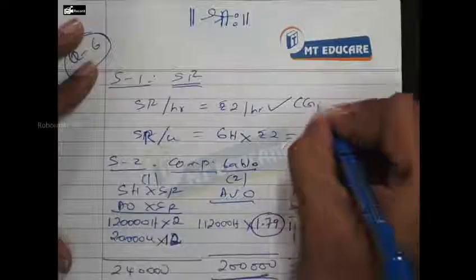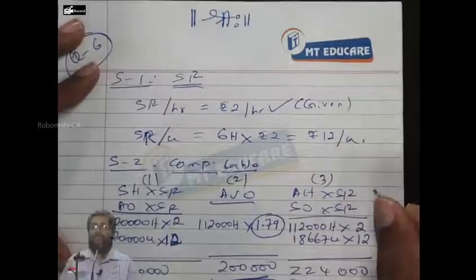Standard rate per hour is equal to rupees 2 per hour. You can just write given, as it's given in the question.